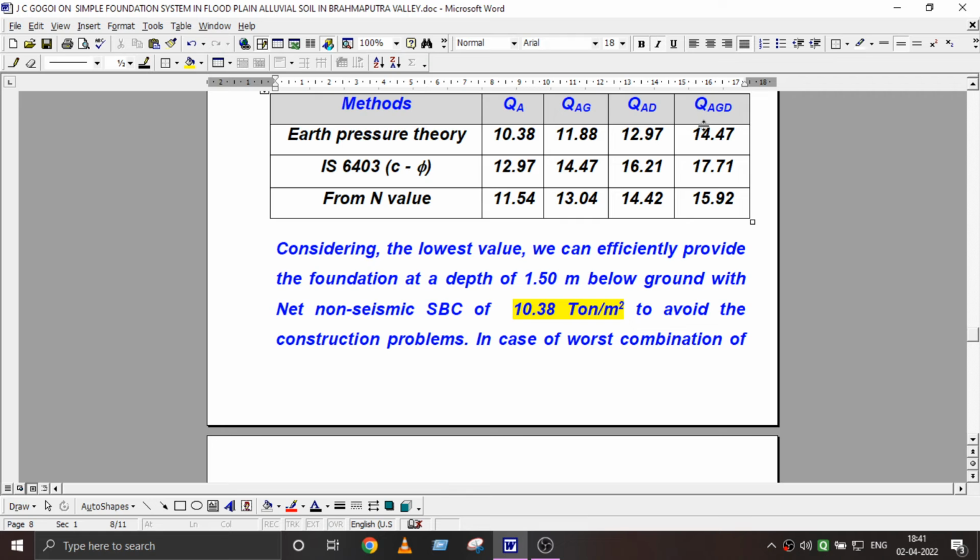We can go up to this extent, but in normal cases we should not go beyond this limit, and in the worst condition our permissible limit is 14.47.